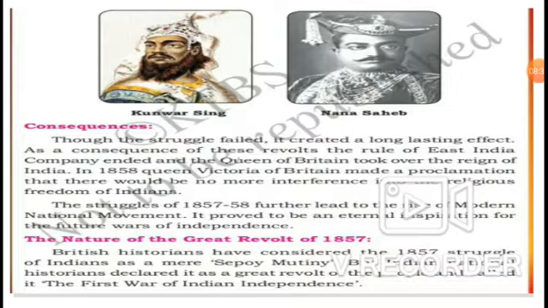In 1858, Queen Victoria of Britain made a proclamation that there would be no more interference in the religious freedom of Indians. The struggles of 1857 and 58 further led to the rise of the modern national movement. It proved to be an eternal inspiration for the future wars of independence.